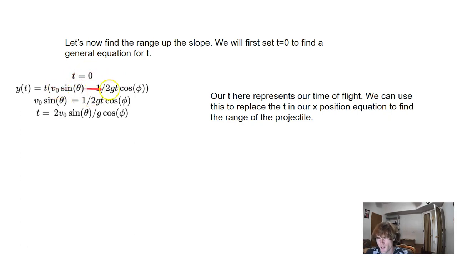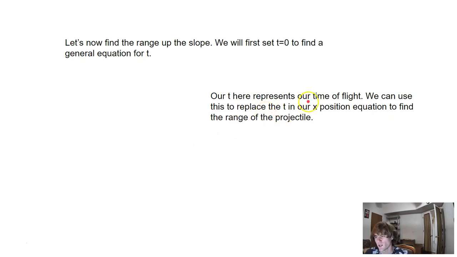So then we can set this inside expression equal to 0, separate the terms onto both sides of the equation, and move things over so we can isolate this t here. Now we have a general equation for t that we can use in our x equation.